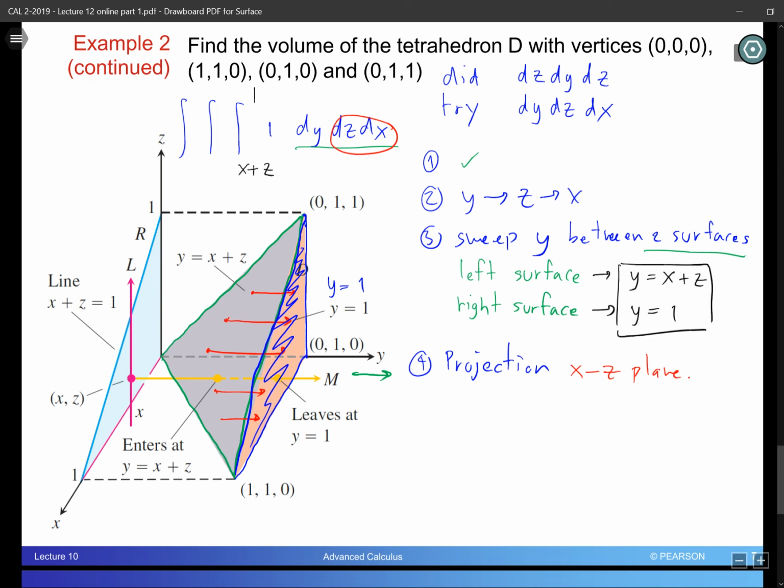If you can locate the xz plane on the left hand side, and find the shadow of this object, you are going to see the object has this shadow. So the shape that you are looking at here is the projection, the shadow onto the xz plane.